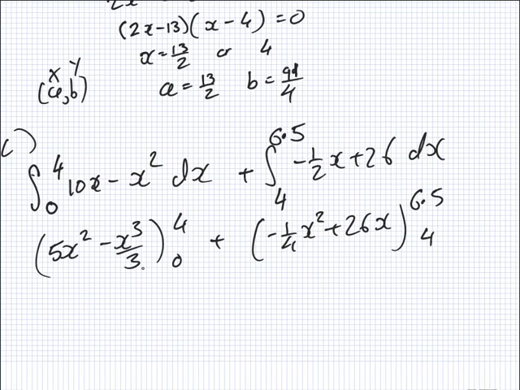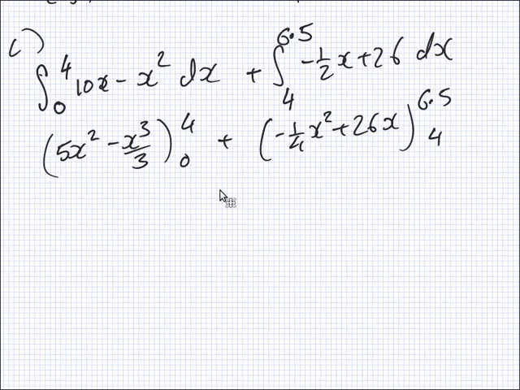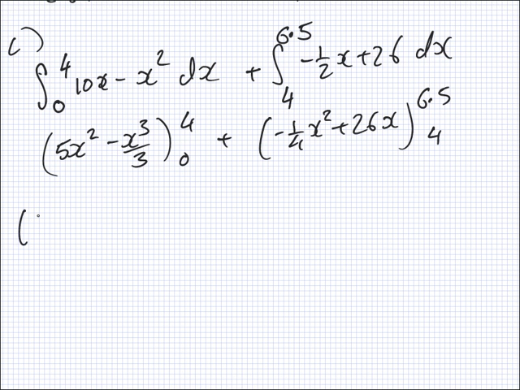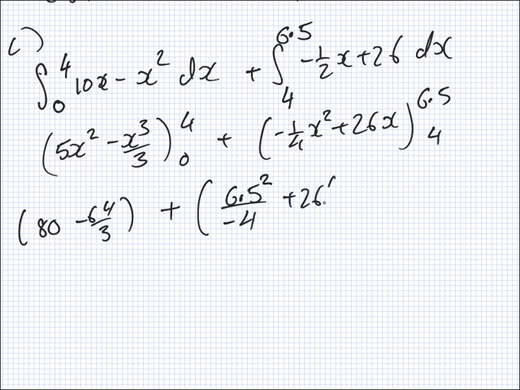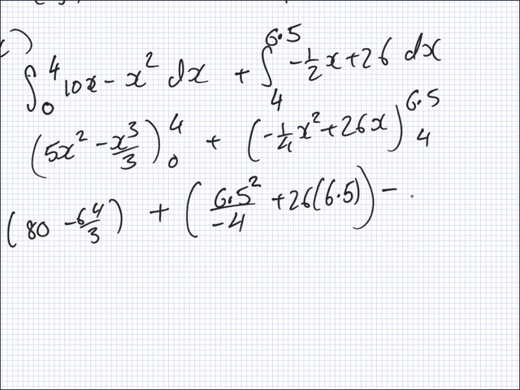Is it okay? Question? You sure? So if I put in the 4, I'll get 4 squared is 16, that's 80, minus 64 over 3, and then 0 and 0, plus whatever 6.5 squared is over 4 minus 4 plus whatever 26 times 6.5 is, minus, and then I have to put in 4.